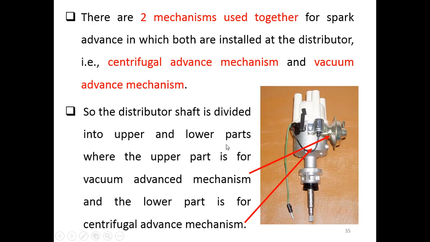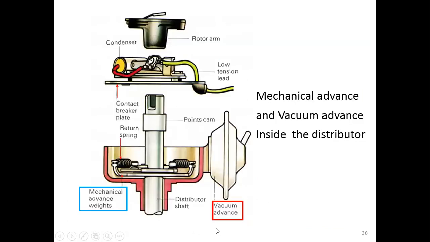The upper part of the shaft is used to install the vacuum advance mechanism. And the lower part inside here is for installing the centrifugal advance mechanism. Okay, this is what is inside.